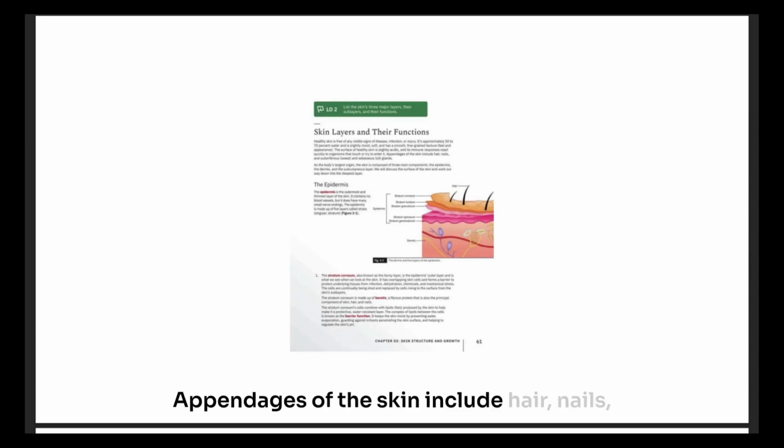Appendages of the skin include hair, nails, and sudoriferous sweat and sebaceous oil glands. As the body's largest organ, the skin is composed of three main components: the epidermis, the dermis, and the subcutaneous layer. We will discuss the surface of the skin and work our way down into the deeper layer.